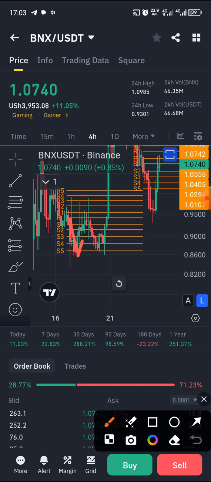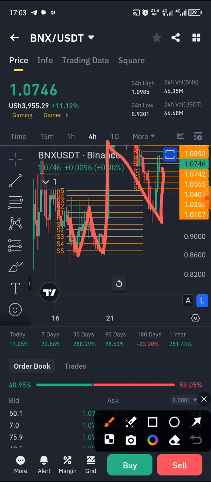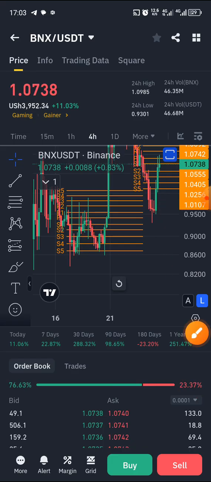It comes down, it goes up. It comes down, it goes up. It comes down, it goes up. Meaning that this coin, it is highly volatile. So what will you do? Note it down. Add it to your favorite.